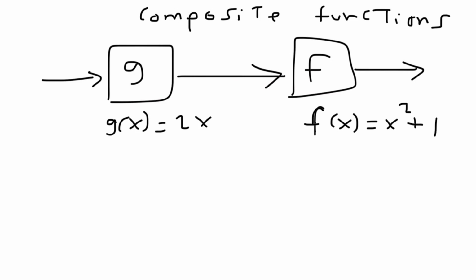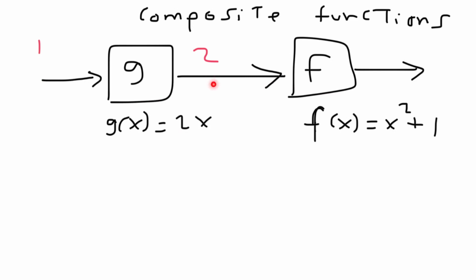In this case, if the input x is 1, what will the output g of 1 be? What does g do really? Just doubles everything. This is the input x, and the output doubles this x. So if x is 1, 2x will be 2, right? So the output of g will be 2 in this case. So x is 1 and y is 2. That's for the g function.